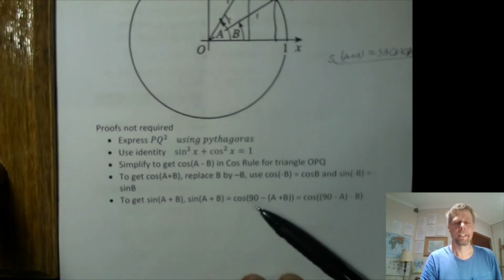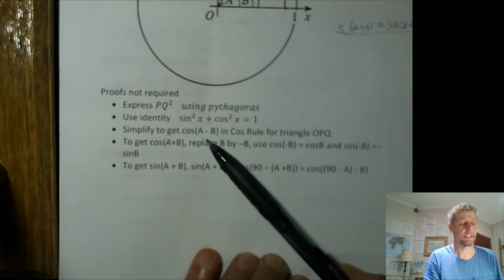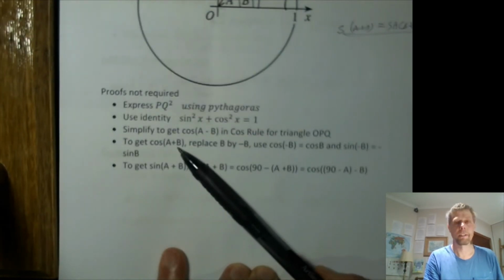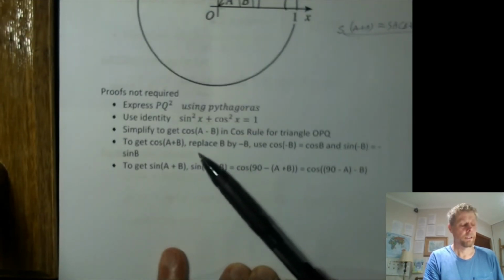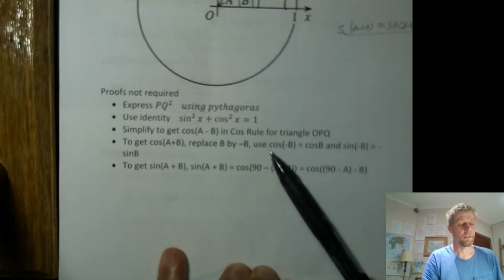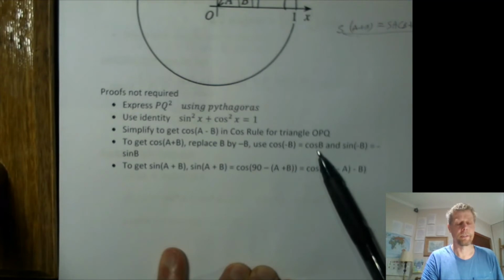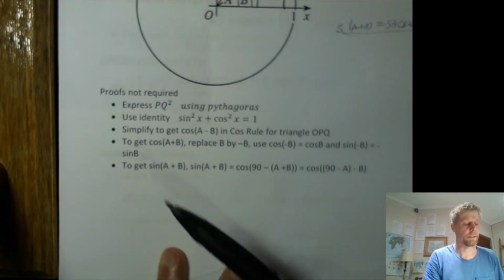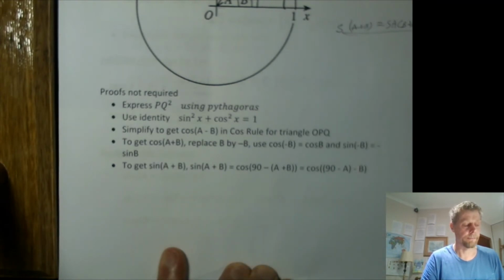And once we've proved what cos of a minus b is, we can get cos of a plus b as well, because if you replace b by minus b, we use cos of minus b equals cos of b, because cos is an even function, and that's something we learned in P1. And also that sine of minus b equals minus sine of b.